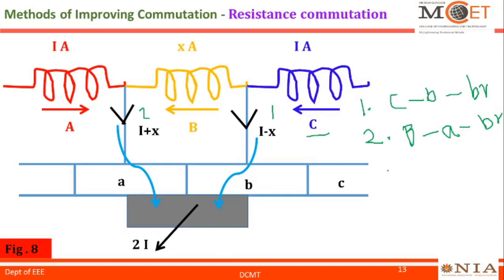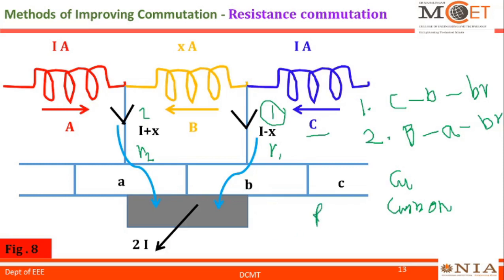Brush, we know we can use two types of brushes. One is a copper brush, another one is a carbon brush. If it is a copper brush, the current will follow the first path. If it is a carbon brush, the current will follow the second path. Let us assume the first path resistance R1 and the second path resistance R2. The brush contact area with segment B is decreasing and the brush contact area with segment A is increasing.